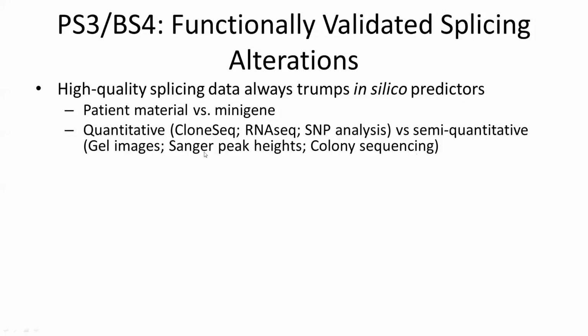Some people also look at Sanger peak height. If you Sanger your data from a non-clone, just straight-up PCR, you'll get different peak heights depending on how much of each transcript is present. But again, that's definitely semi-quantitative.